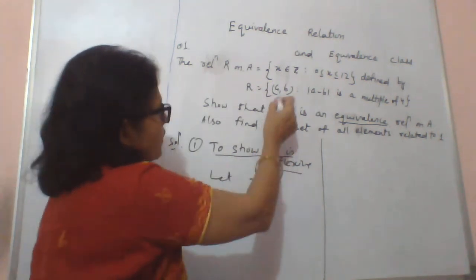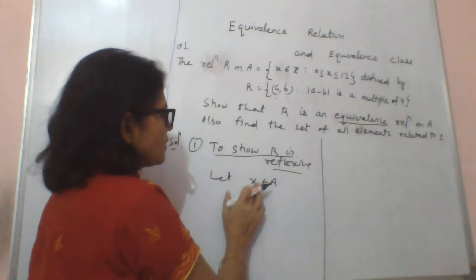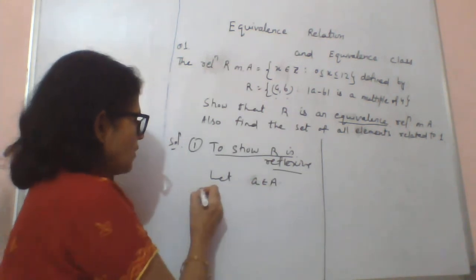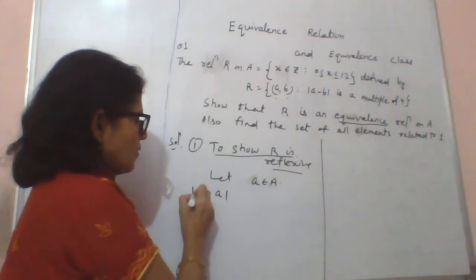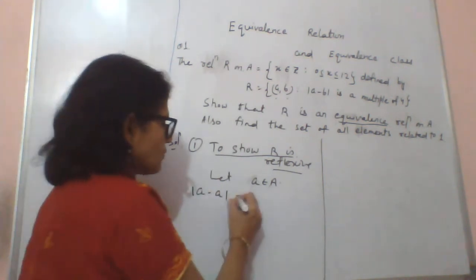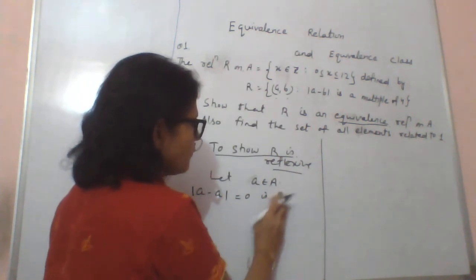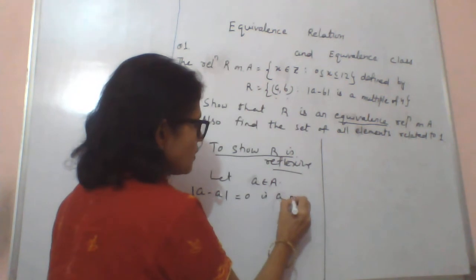Here you are given a, b, so you may take a here instead of x. a belongs to A. Now mod a minus a is equal to 0, and 0 is a multiple of 4.